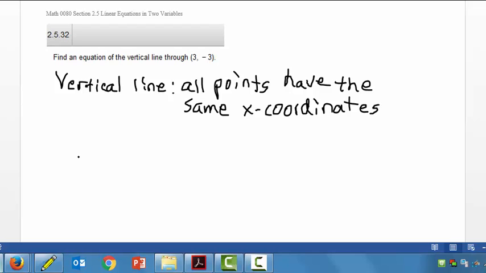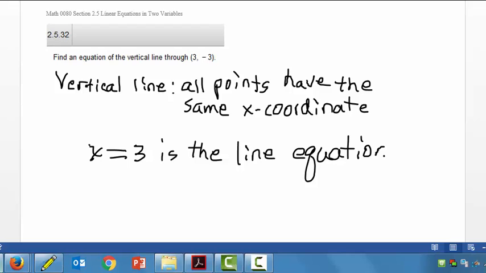So the equation merely tells us about x. So this equation is x equal to 3. All points on a vertical line have the same x-coordinate. And if one point has an x-coordinate of 3, all the points have an x-coordinate of 3. So this is the equation of our vertical line, x equal to 3.